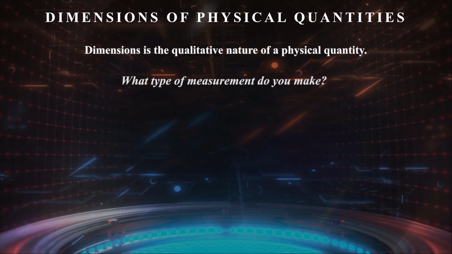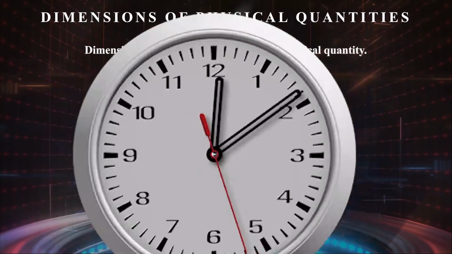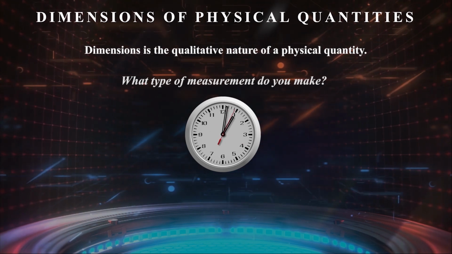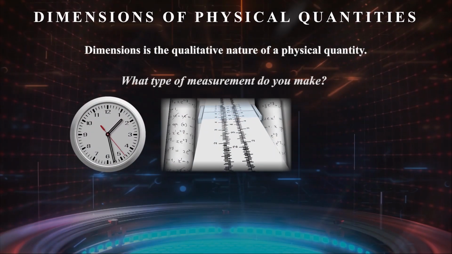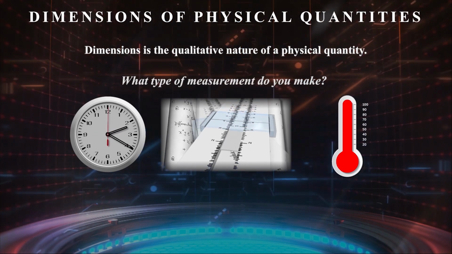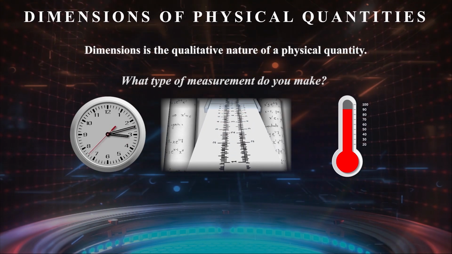What type of measurement do you make? After all, making a measurement with a clock is a very different type of measurement than you would make with a ruler or a thermometer. And these sorts of things define our general types of qualities or dimensions.